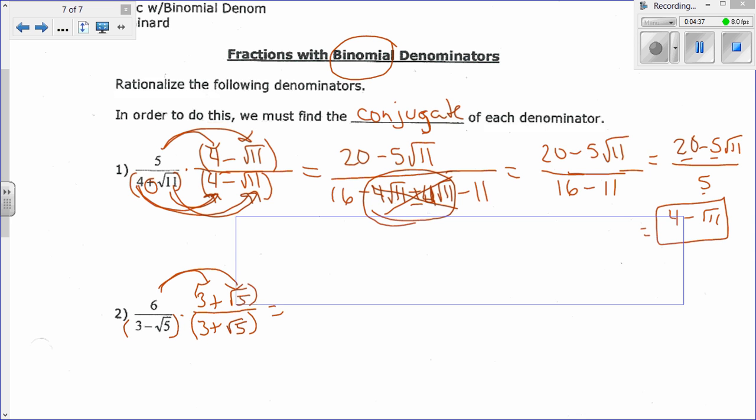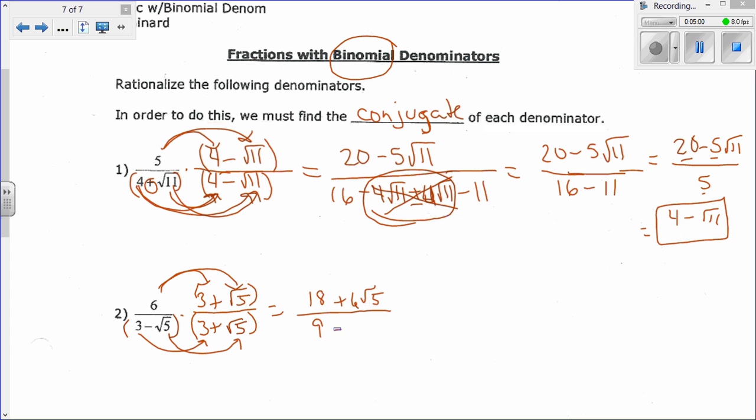So 6 times 3 is 18. 6 times radical 5 is plus 6 radical 5. In my denominator, I just have to do the 3. So 3 times 3 is 9. My radical terms are going to cancel each other out, so my inside and outside I don't have to do. So I'm just going to multiply my 2 radical 5s together, and it becomes minus 5.